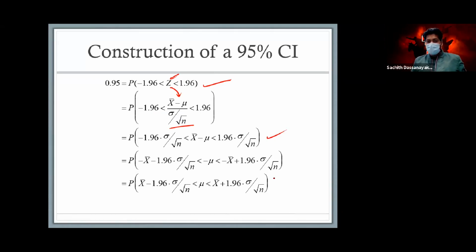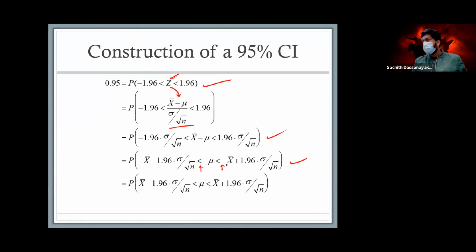Then isolate mu. Here you have negative X bar minus mu, so once you subtract X bar from all sides, you will get this. But you need positive mu, not negative mu, so you have to multiply everything by negative 1.